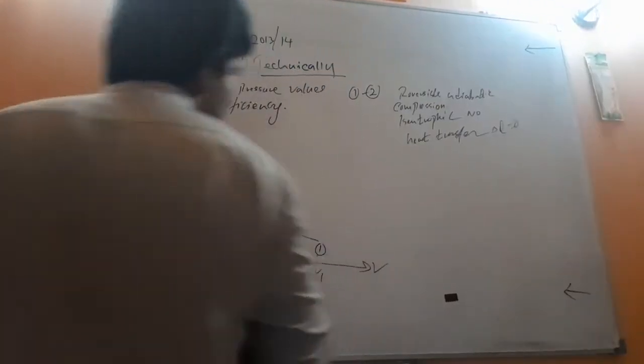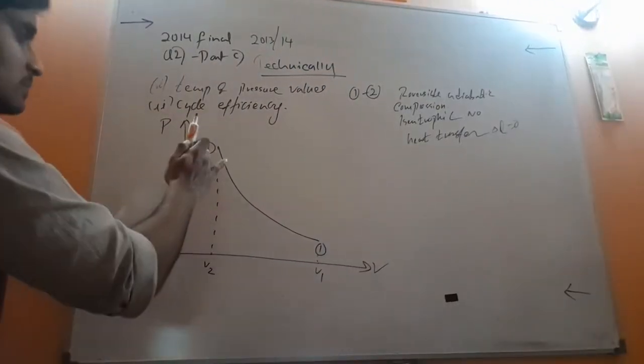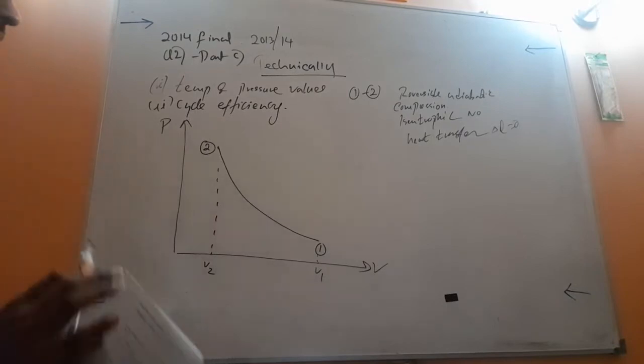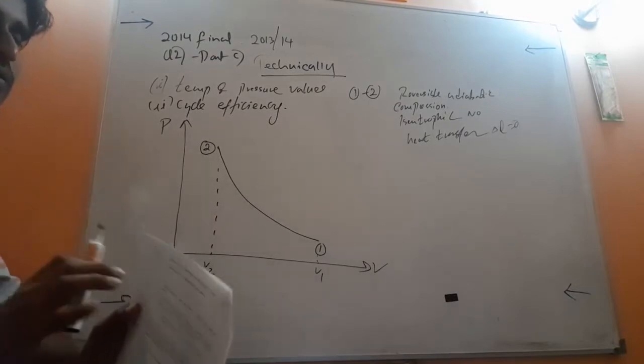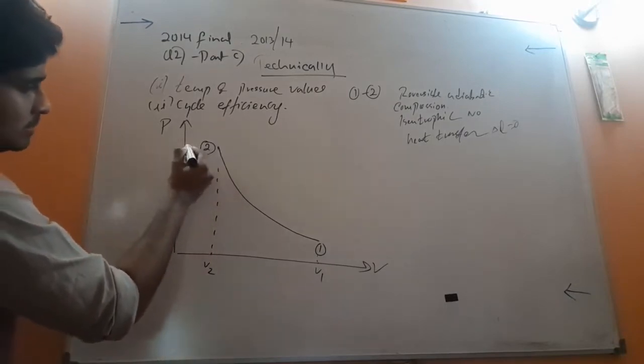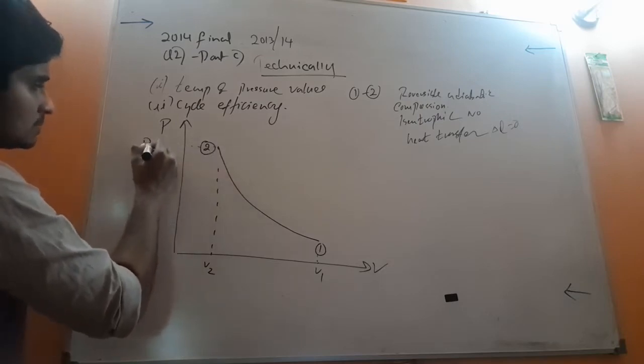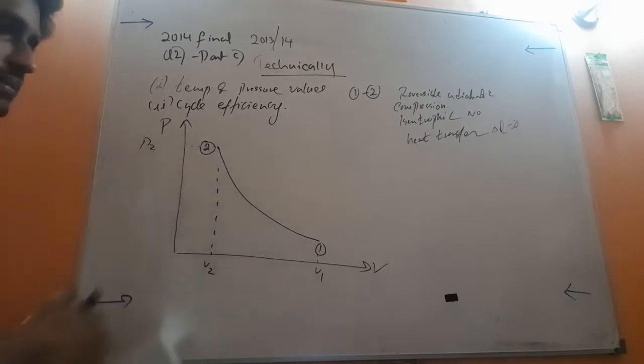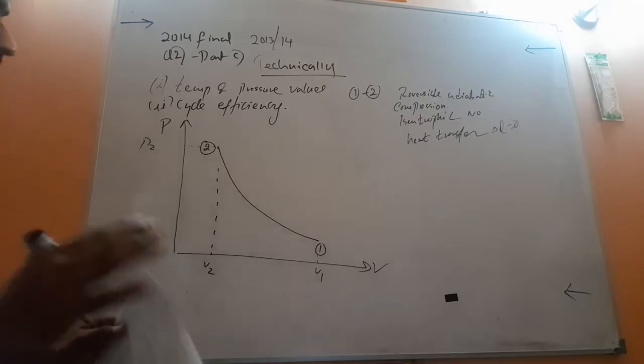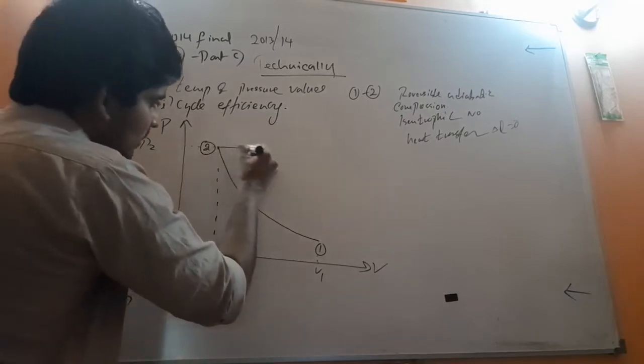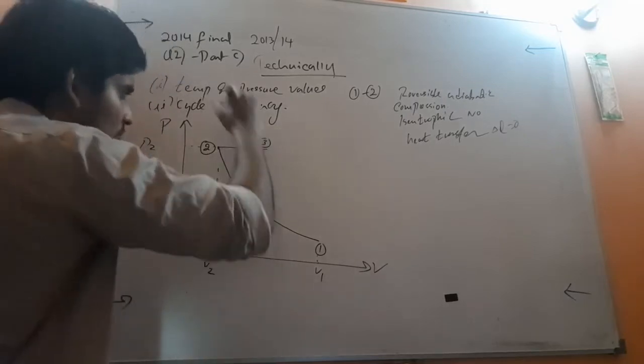Now after that, what do we have? After this process we have heat addition, but at constant pressure. Here the pressure is, let's say, P2. So you are going to add some heat to this cycle at constant pressure, from point 2 to 3.